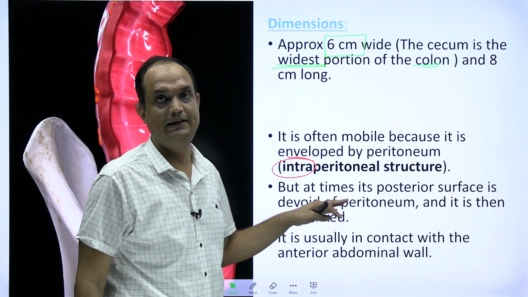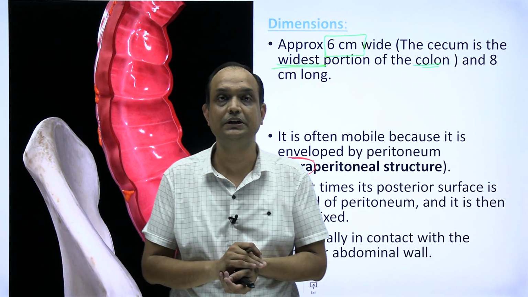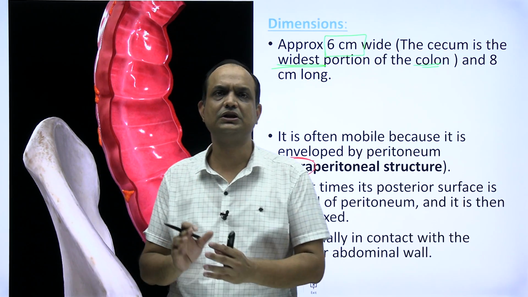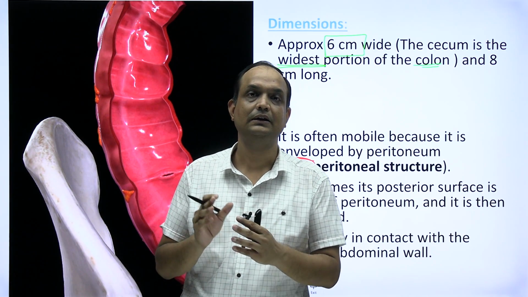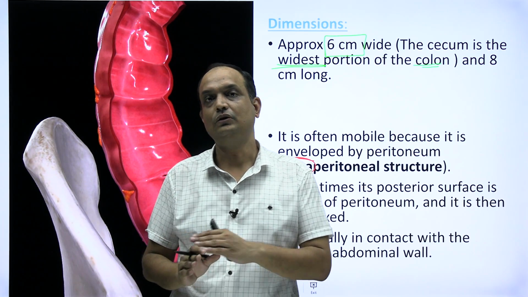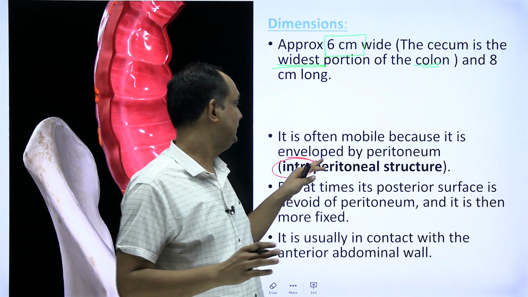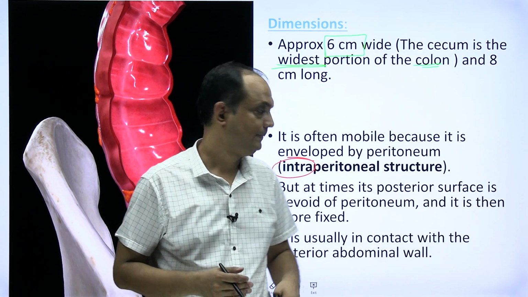But sometimes the peritoneum is not present on the posterior wall because of the process of zygosis, and in such conditions the cecum may become a retroperitoneal organ. But the probability of it being retroperitoneal is very low. So if you have both options, retro as well as intra, you will go with intraperitoneal, which is the more common finding with the cecum.